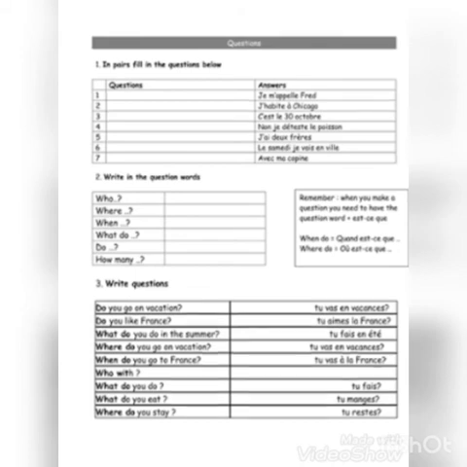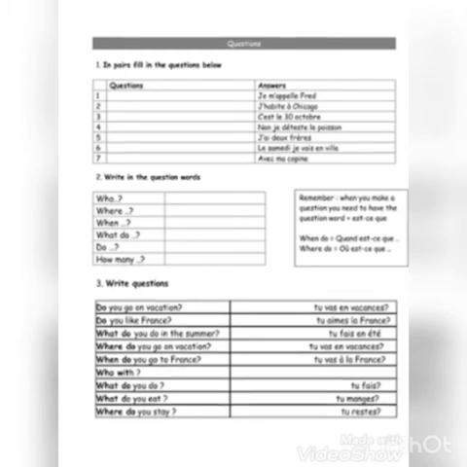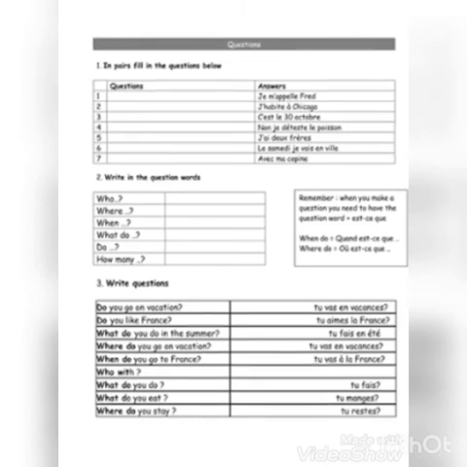And 7, avec ma copine. Copine means girlfriend, while copain means a boyfriend. Now for 2, we have the words in English who, where, when, what do, and how many. You have to write the meaning of this in French on your right hand section of the table.